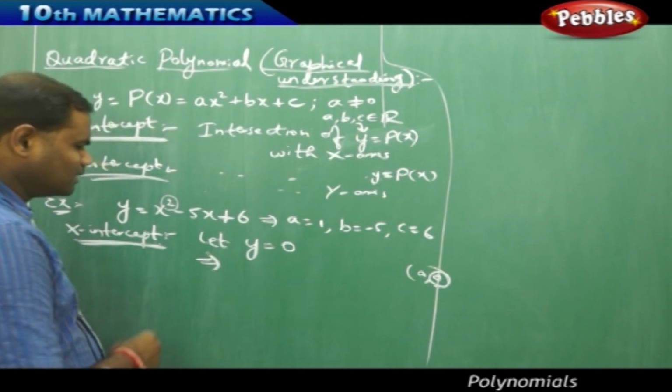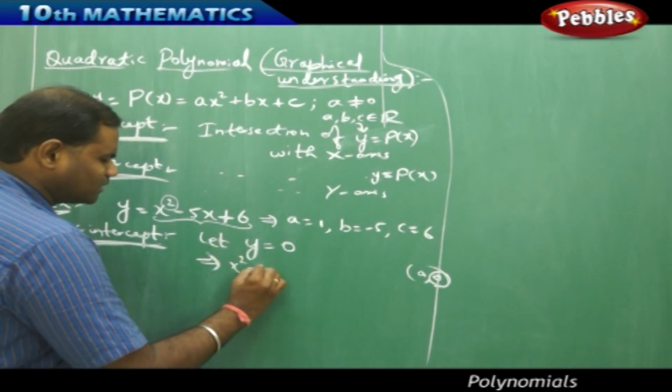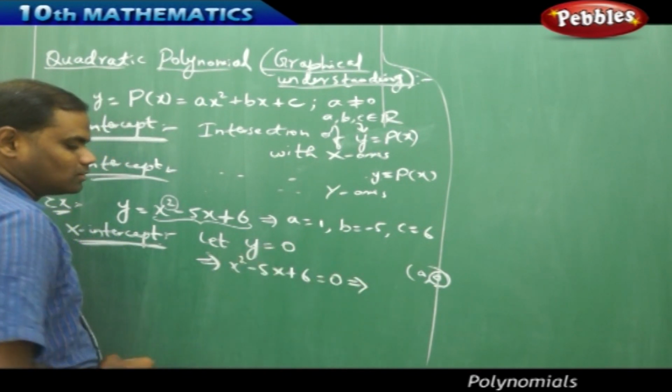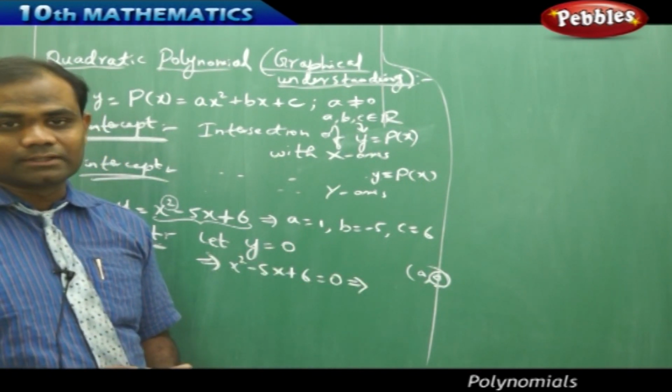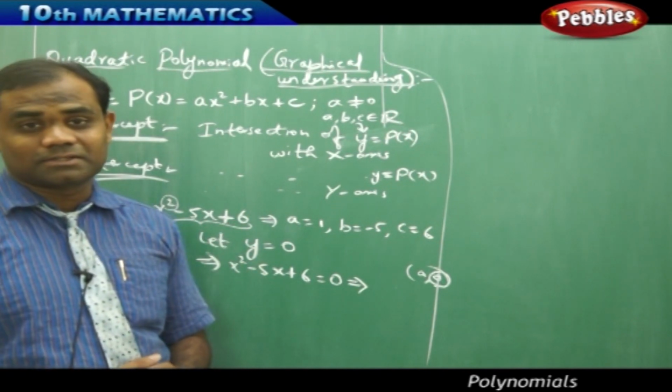So my equation becomes x squared minus 5x plus 6 equal to 0. Now this is where I want to find the factors or the zeros of the polynomial x squared minus 5x plus 6.